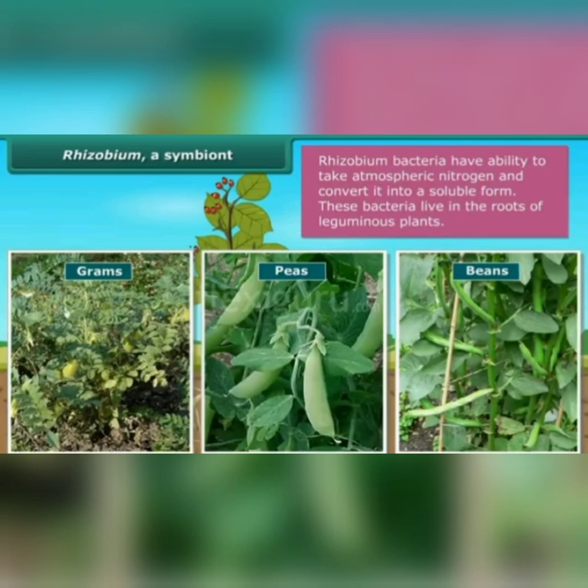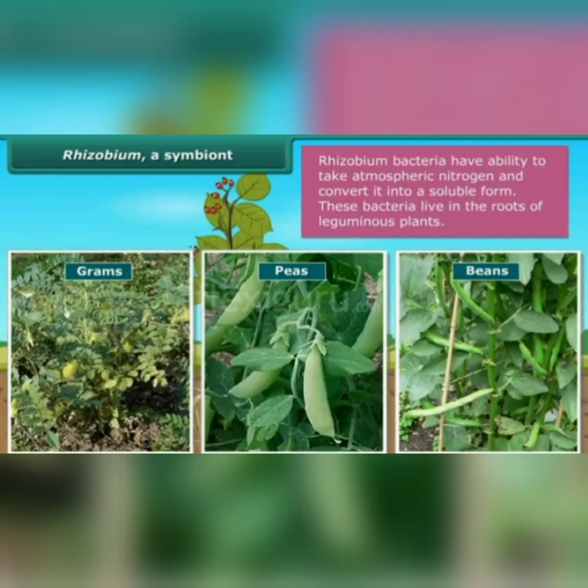These bacteria live in the roots of grams, peas, beans and other legumes. Here the plant provides food and shelter for the bacterium. Thus we can say Rhizobium shows a symbiotic relationship. Listen carefully.